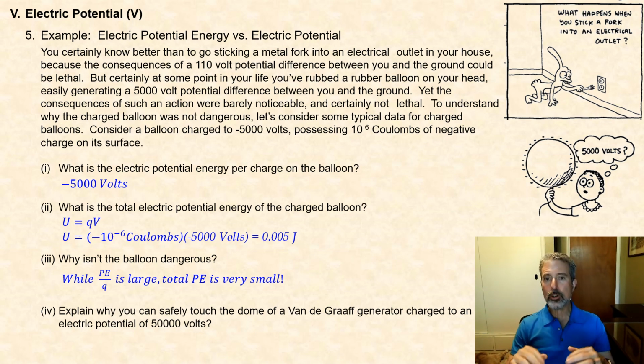But because there are just not that many charges on the dome of that Van de Graaff, there are not that many charges that could ever get transferred to your body. The total potential energy that could ever get transferred to your body is not high at all. In the same way, the total potential energy that could get transferred to you from the charged balloon is very small in the case of the balloon as well.